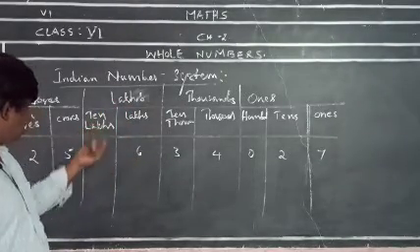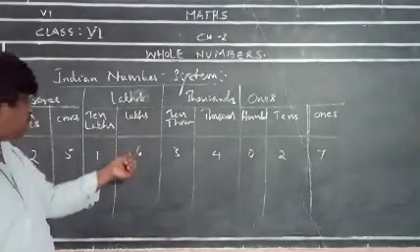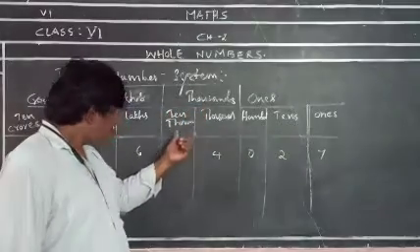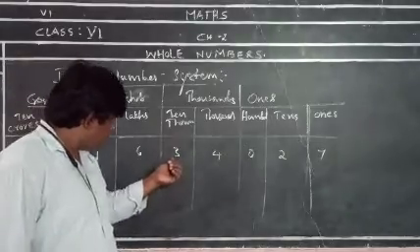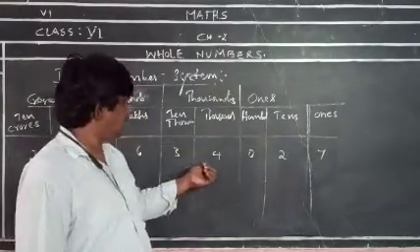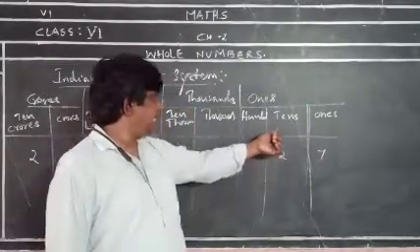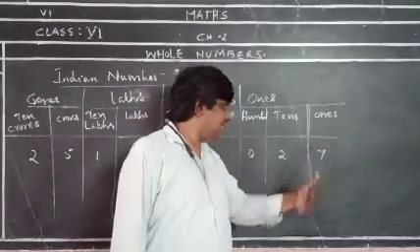The 10 lakhs place has digit 1, the lakhs place has digit 6. The 10,000 place has digit 3, the thousands place has 4 as a digit. In the hundreds place you have 0 as a digit, in the tens place you have 2, and in the ones place you have 7.